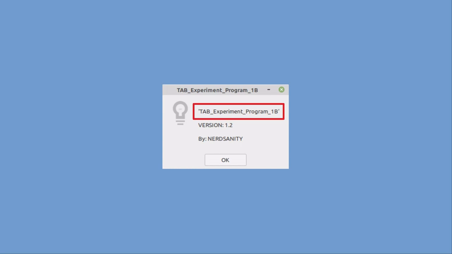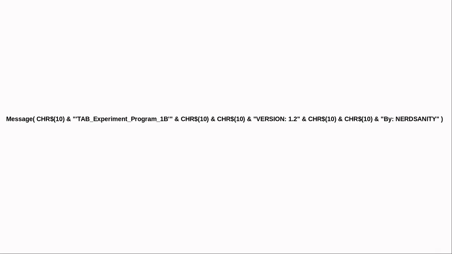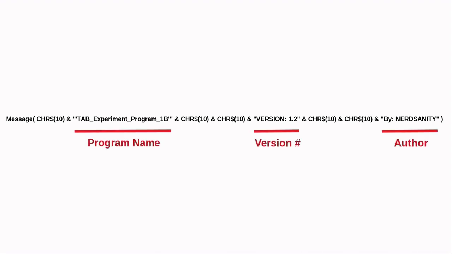The message box will display the program's name, the current version, version 1.2, and the program's authorship information. Again, you should feel completely free to include or change any of this information in your own version of the program. Here is the actual code that will cause the appropriately formatted information to appear in the pop-up message box.